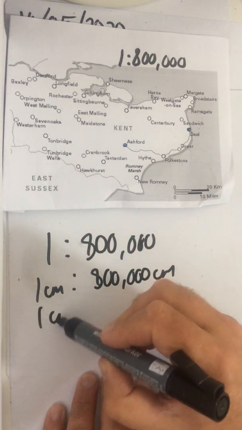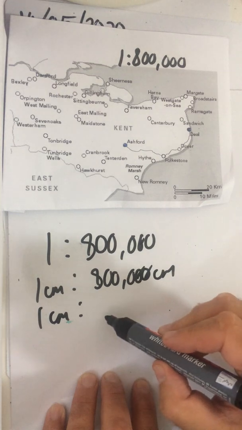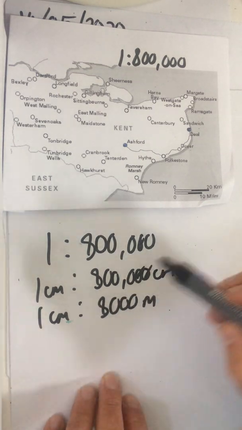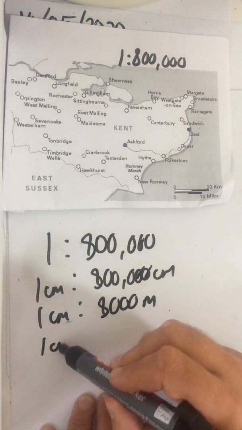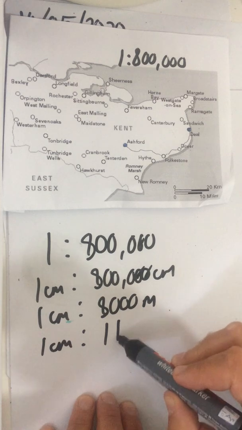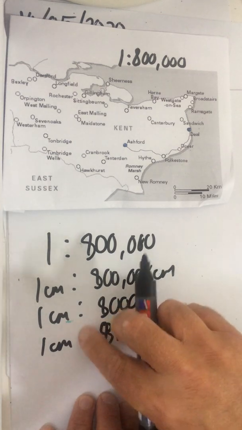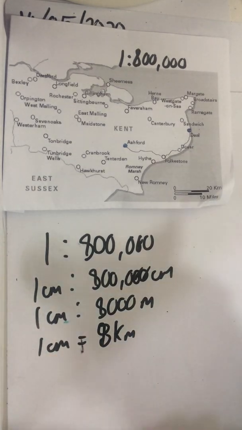I'm going to turn it into meters first of all, 8,000 meters, and from there I can turn 8,000 meters into kilometers. So 8 kilometers. So I've got from my ratio that 1 centimeter equals 8 kilometers.